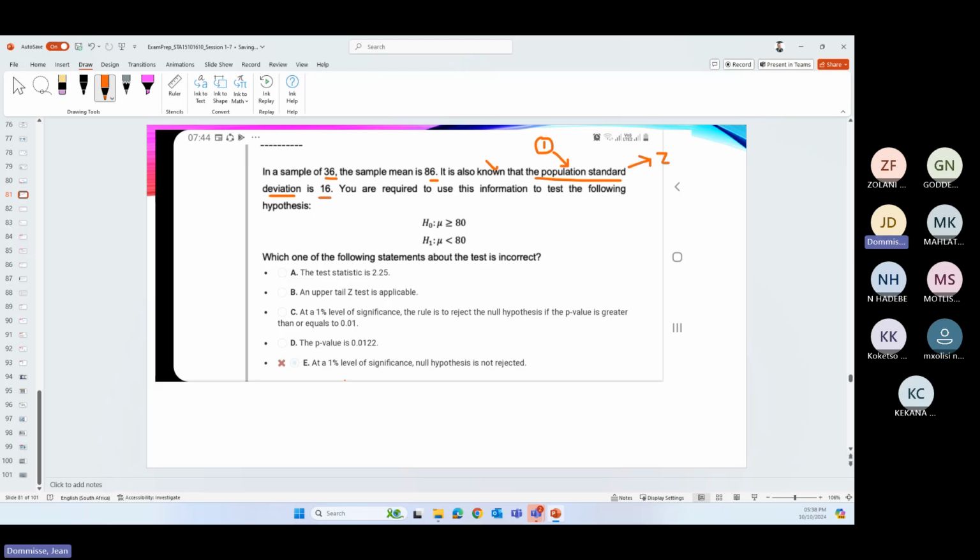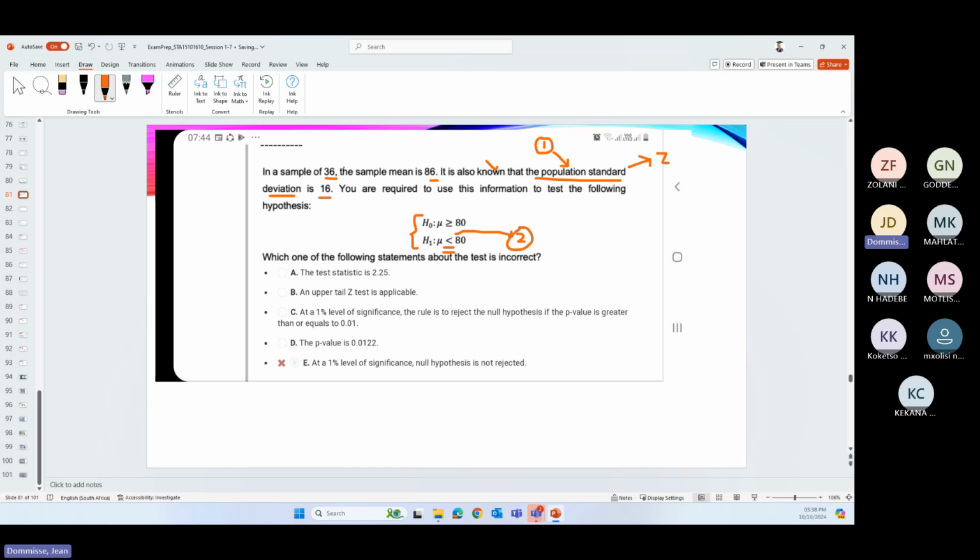Then the next step is the hypotheses. I look at the alternative so that I can see if it's a one tail or two tail. So that's nearly the second step.